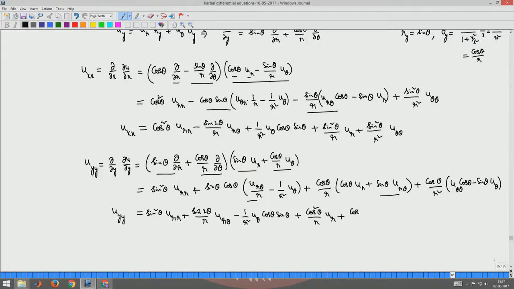So, you have a cos square theta by r square u_theta theta, and here you have a minus sin theta u_theta by r square. So, this one and this one, you have a minus 1 by r square u_theta cos theta sin theta.